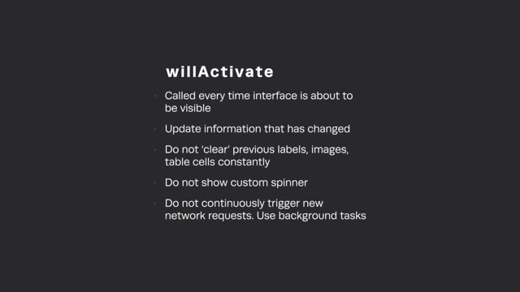No matter how tempting it could be, no matter what anyone tells you, don't design your own custom spinner and then blank out the screen and display a spinner while you're making a request. Instead, leave the old, out-of-date data on the screen and only update the values that have changed.